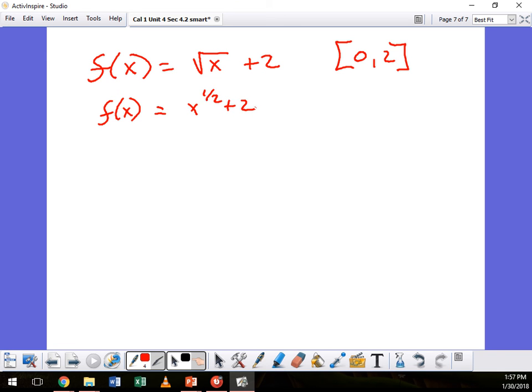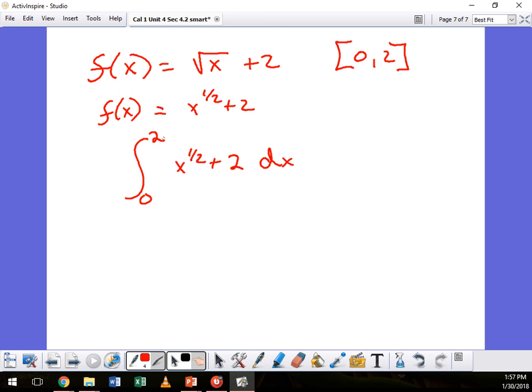So if we're looking for the area under a curve, that means we're doing the integration of x to the 1/2 plus 2 dx, from 0 to 2. What? There's numbers in the integration symbol? From 0 to 2. That's crazy.